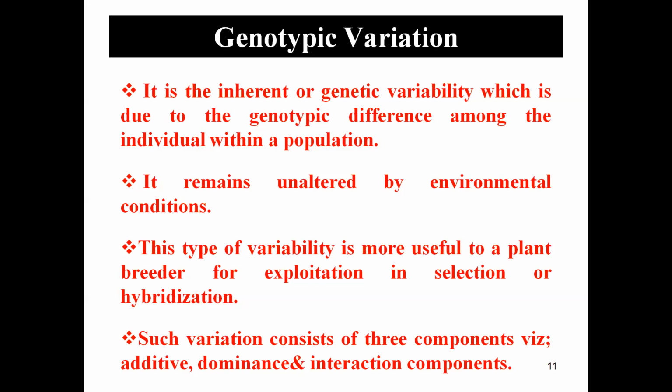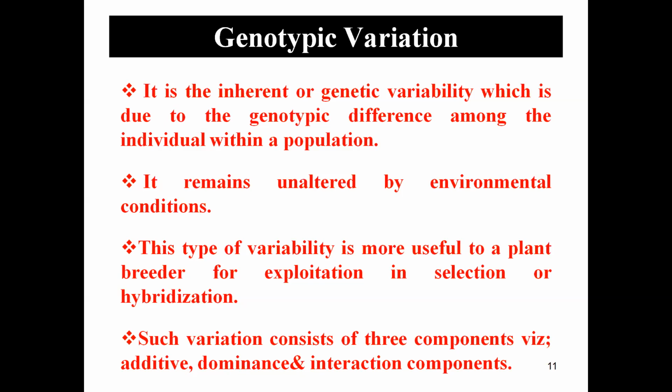This type of variability is more useful to a plant breeder for exploitation in selection or hybridization. Such variation consists of three components, which we will discuss later on.